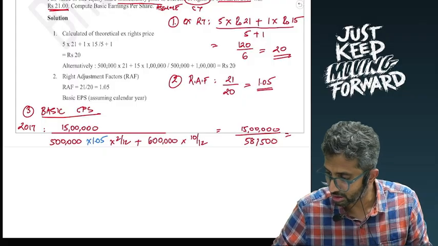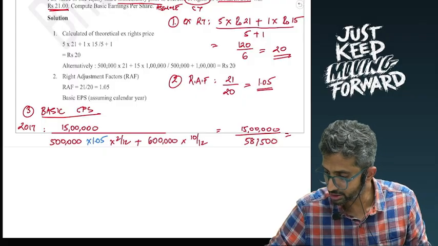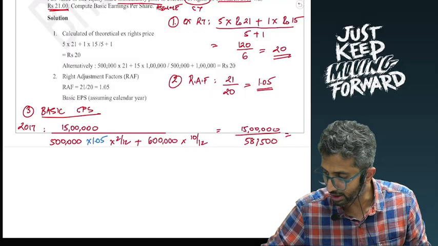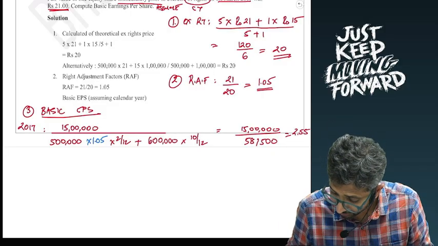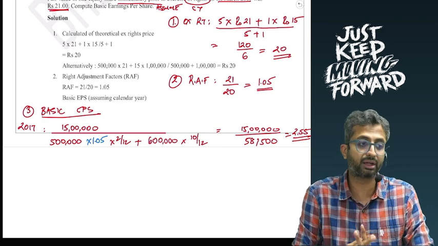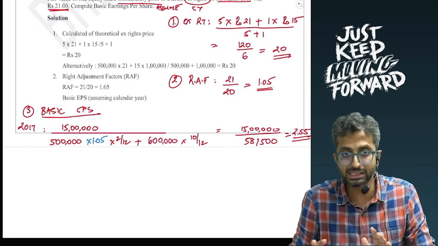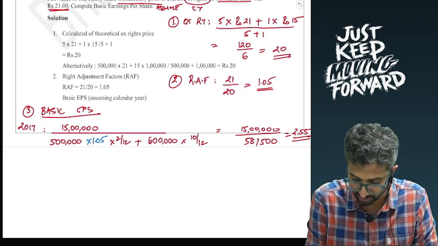If you divide, this is 15 lakhs divided by 587,500, and this is 2.55. So this will be 2.55, which is the basic EPS for the year 2017.